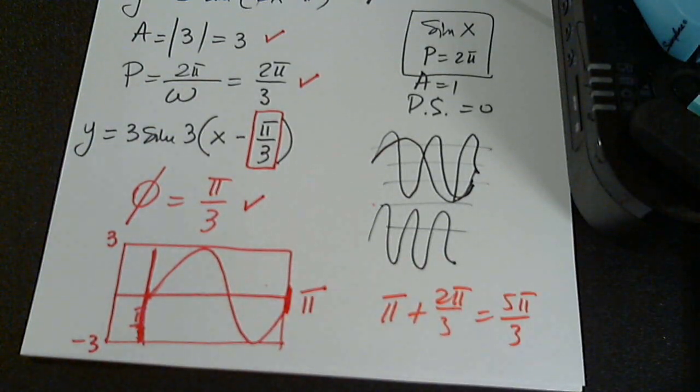And if I end the graph, instead of going to pi, let's say I want to go to 5 pi over 3, I should see 2 complete periods, the same thing twice.